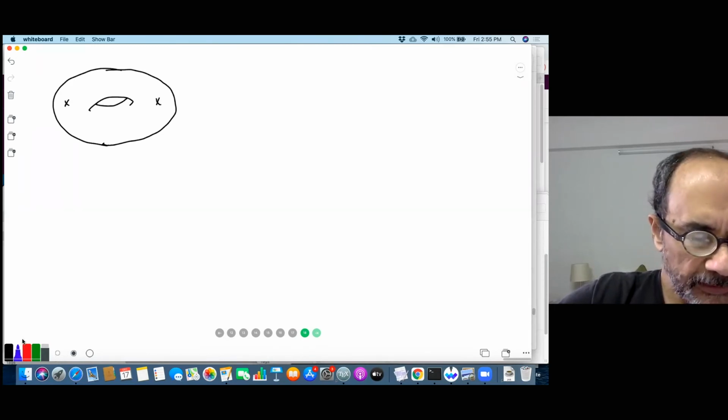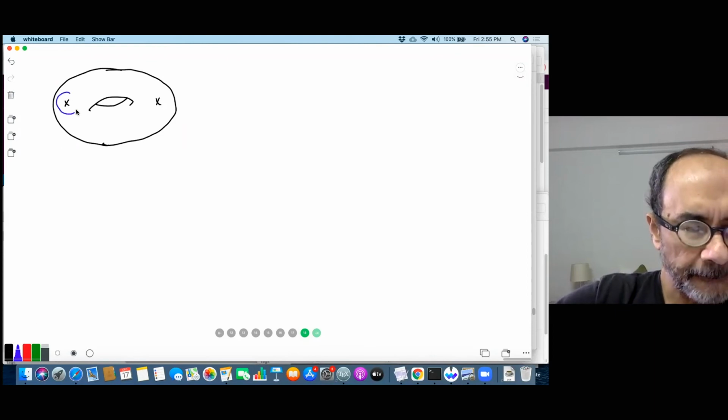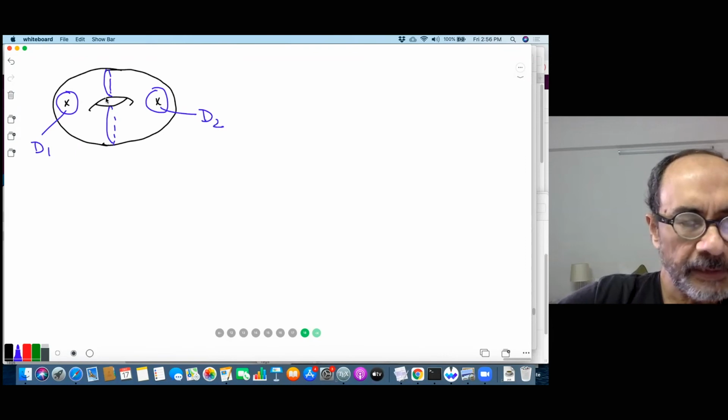So as usual, we draw the disks. And then you divide. So the 4 circles are needed in this case. You see that this is a disk. This is D1. This is D2. This is S1, and this is S2.